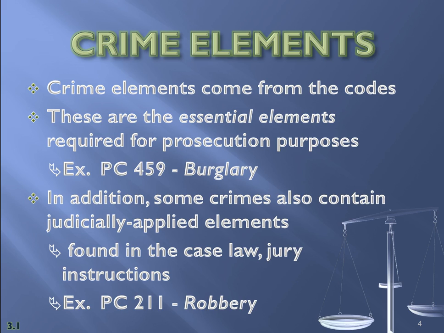Now we'll talk more about robbery later on in chapter 15, but CalCrim 1600, which are the jury instructions, add on an additional element that has to be proven to establish robbery, and that is that the perpetrator or suspect must have intended to permanently deprive the owner of possession or withhold possession for a certain period of time to diminish the value.